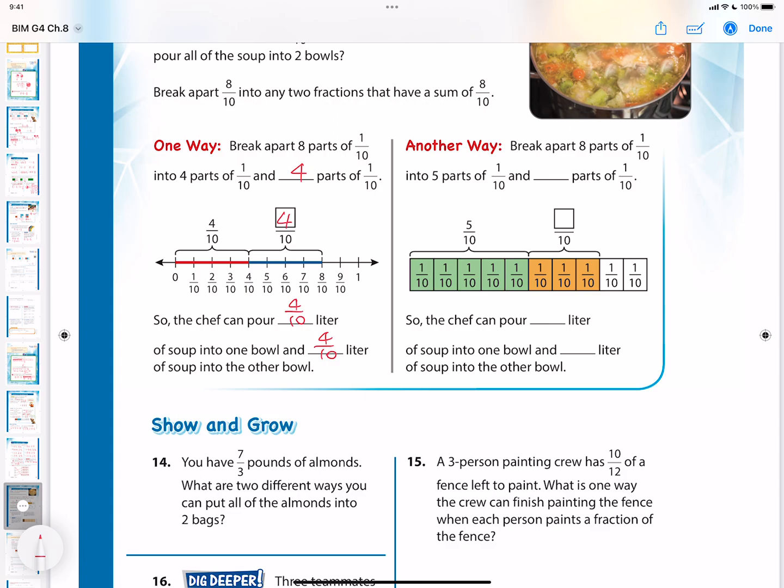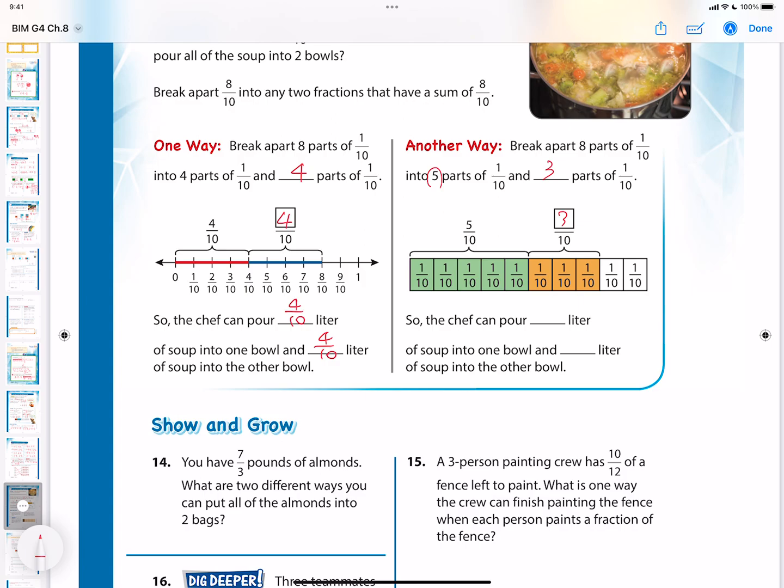Okay, another way is what? Break apart 8 parts of 1/10 into 5 parts of 1/10, and the leftover is what? Since you already used 5 parts, then you have only 3 parts left. 3 parts of 1/10. It's 3/10.